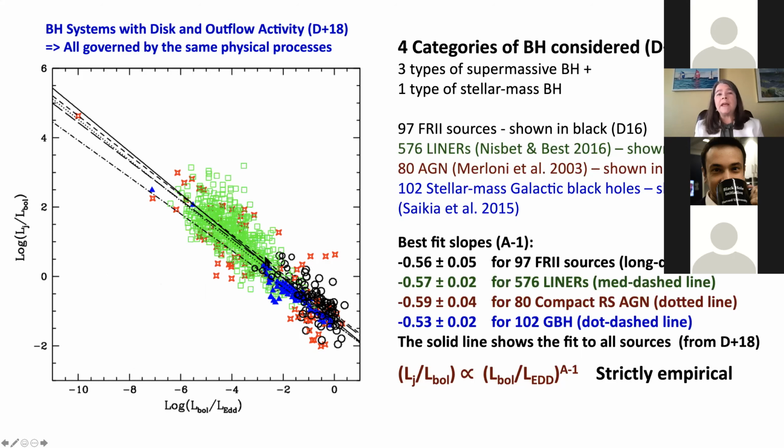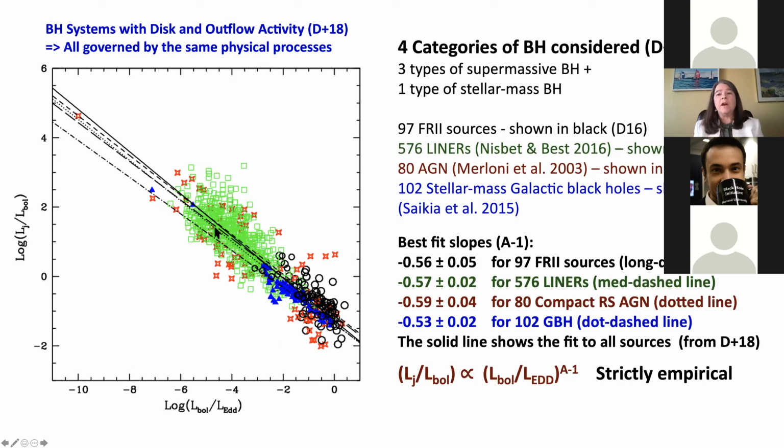So the slope is the same, does not change with bolometric luminosity in Eddington units, and the normalization is also the same. So there's no indication that there's any change in the physics behind these sources. And this suggests that they're all governed by the same physical process.